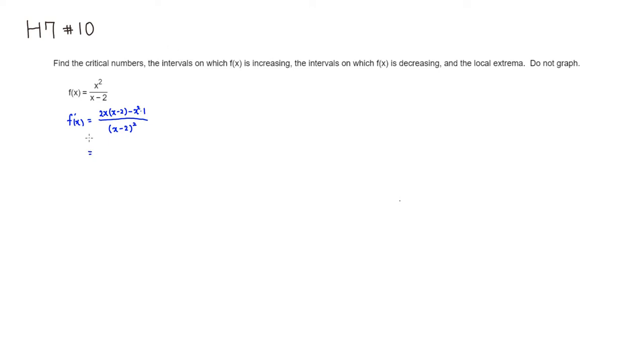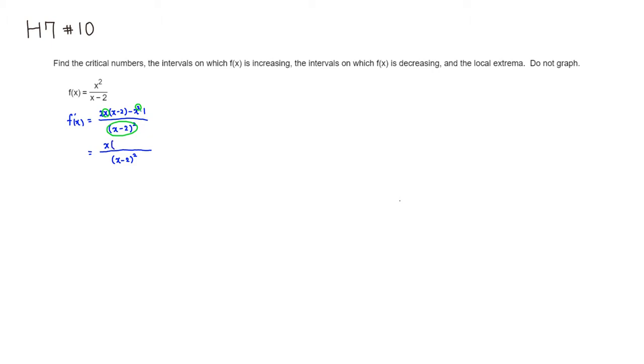What's in common? First, let's take care of the denominator. We have x minus 2 squared. That looks good as it is, so I'll just keep that. Then we have x here, and actually two of those, so I'm going to pull out x.